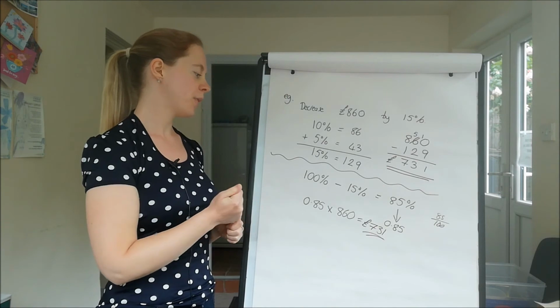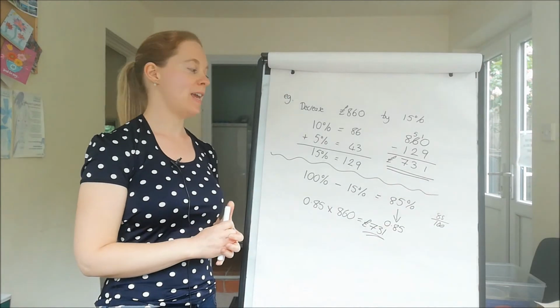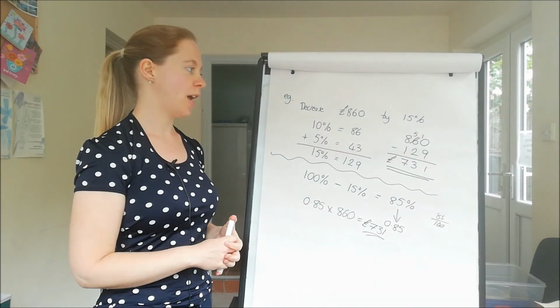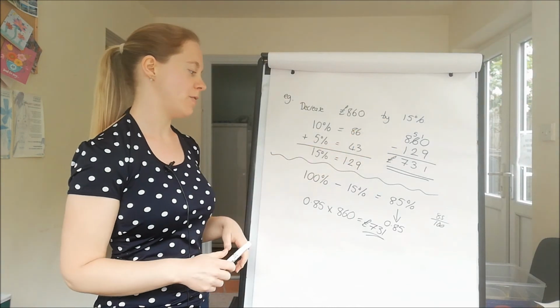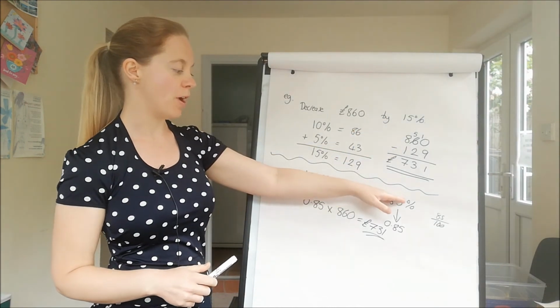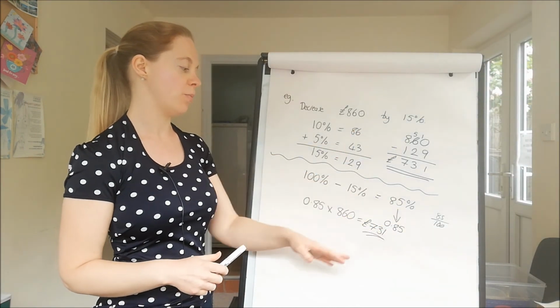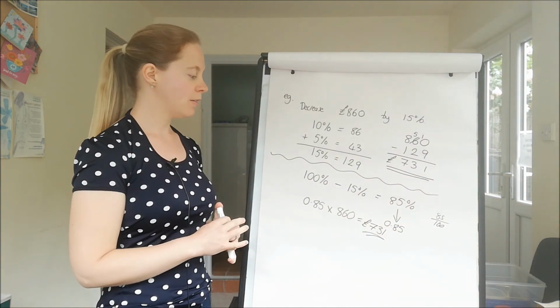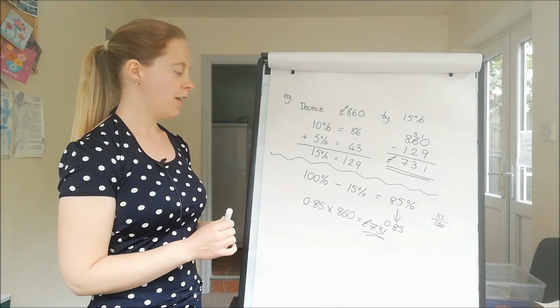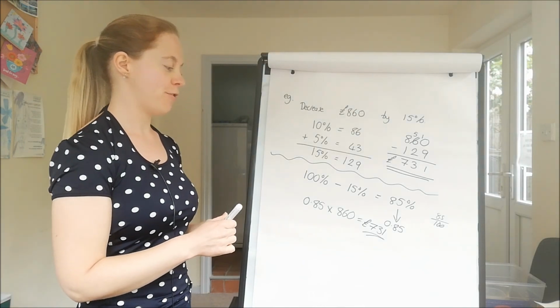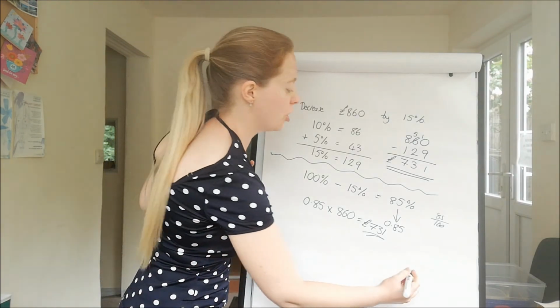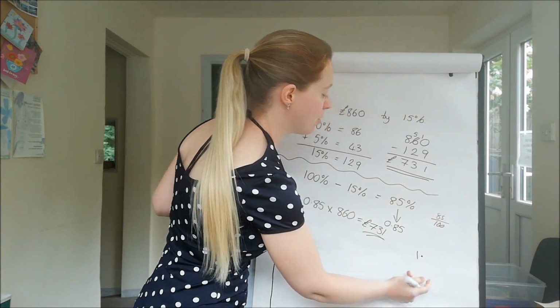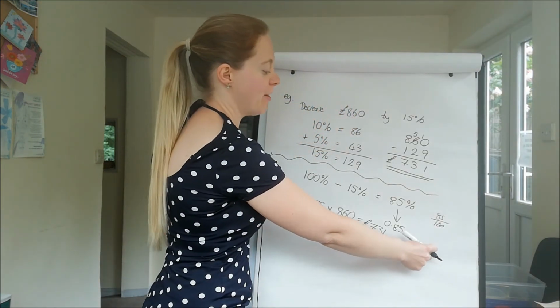All right. So it's very similar to increasing by a given percentage, except it's a takeaway at the end, or it's a takeaway to start with, which will give you a 0 point something instead of a 1 point something. Incidentally, if you're increasing by a given percentage, you tend to get a 1 point something, which looks like an I for increase.